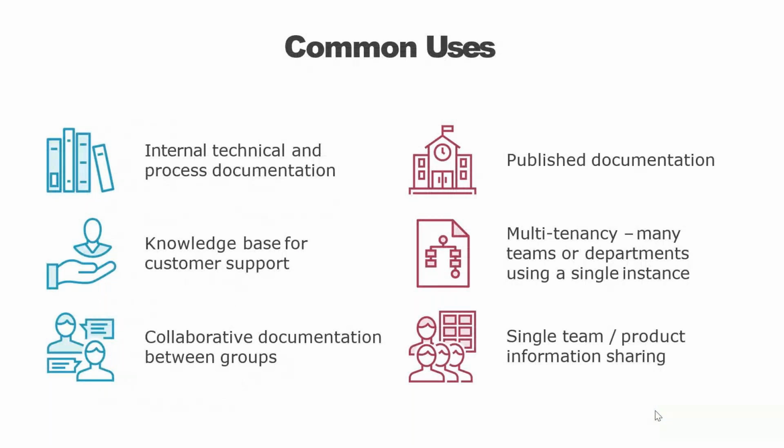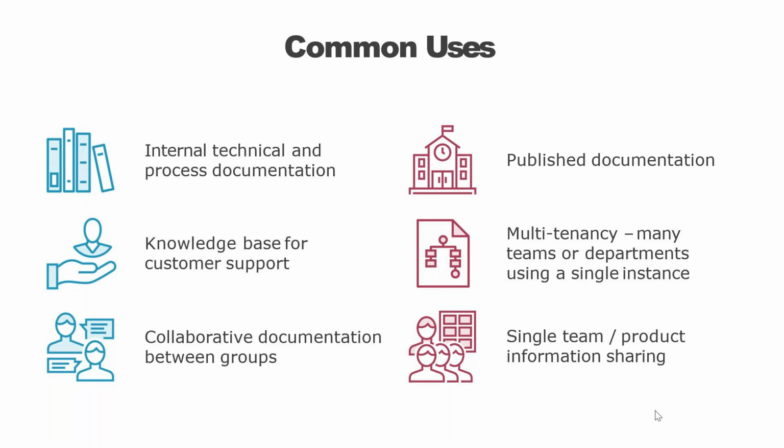Okay, so what are the common use cases of Confluence? Confluence can be used for internal, technical, and process documentation, published documentation, knowledge base for customer support, collaborative documentation between groups, a single team using a dedicated project-specific Confluence, product information sharing, multi-tenancy, many teams or departments using a single instance, and published documentation.